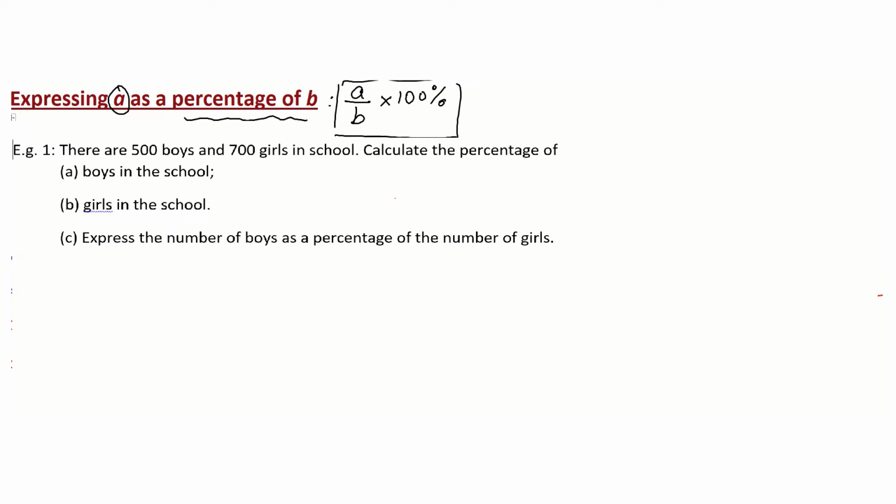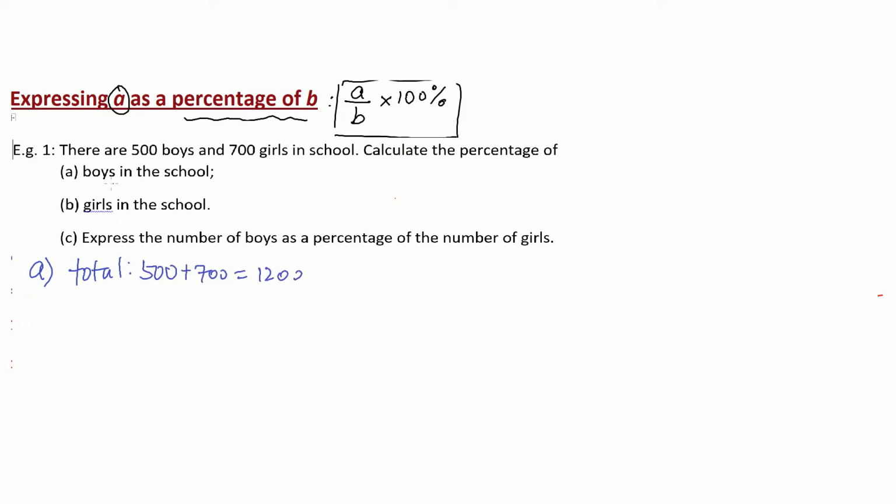Okay, so now let us try to put whatever we've just learned into practice. In this first example, we have 500 boys and 700 girls in a school. Now calculate the percentage of boys in the school. This is pretty much like a simple primary school question. So first of all, we're going to find out the total number of students, and a quick math would be 1,200.